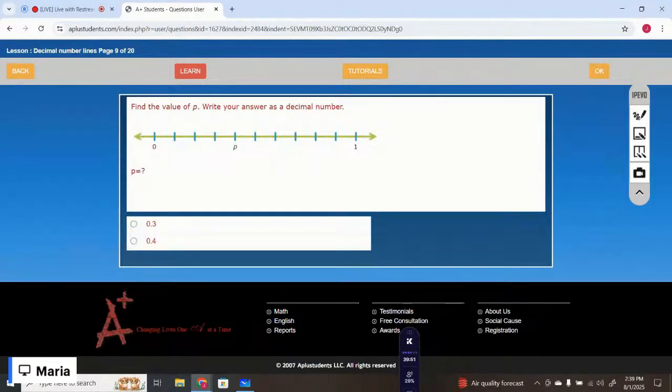Find the value of P. So which is the correct option? That is 0.4. Option number 2 is the correct option.